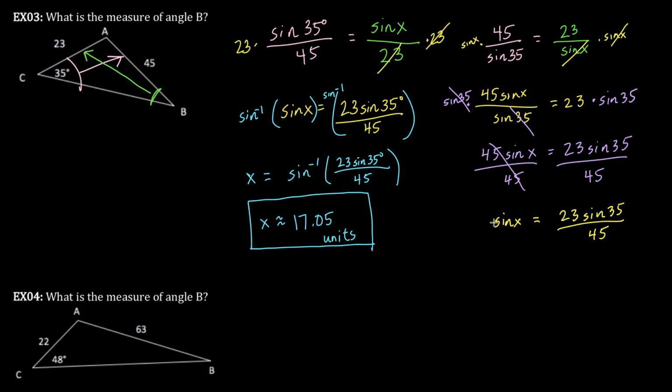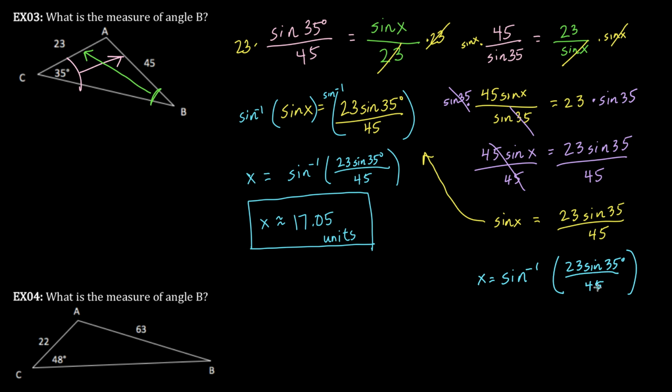I want to point to it actually. And so then all I have to do is inverse sine. X equals the inverse sine of 23 sine 35 degrees over 45.